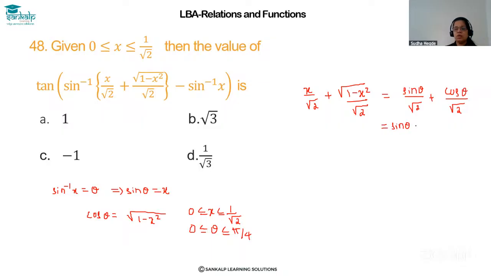You can take even cos. Cos theta is equal to 1 by root 2, means what is theta? It is cos pi by 4.